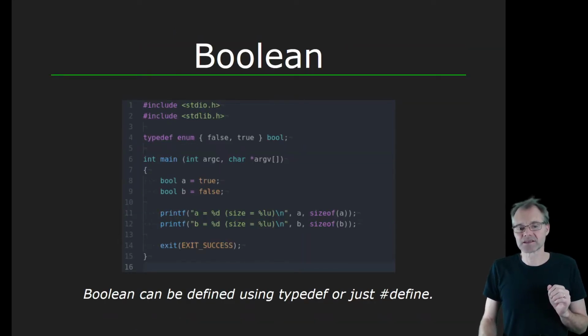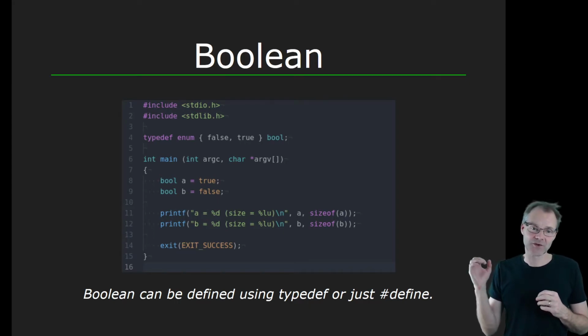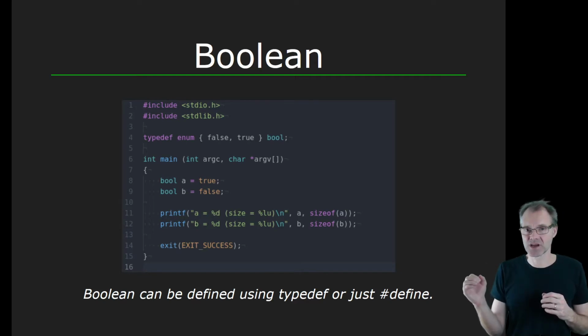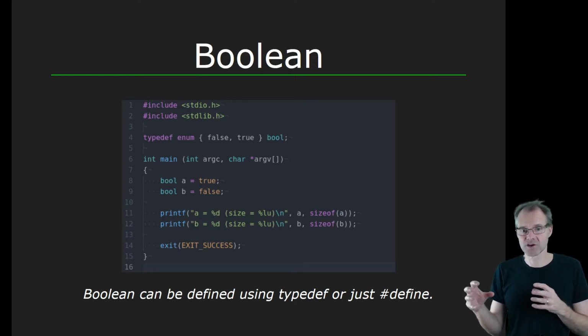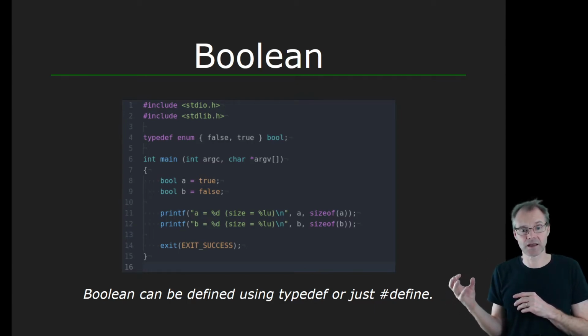Boolean variables do not exist in C89 that we are focusing on here. So this is an example where I want to work with Boolean variables. So I'm doing a typedef. Typedef is defining a new type by using an older type. So here I'm having an enumeration of false and true, and I'm typedefing it to a new type that does not exist, but I'm defining it and calling it bool.